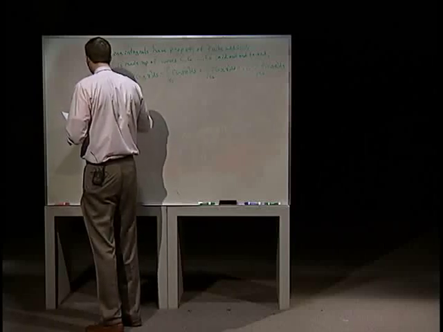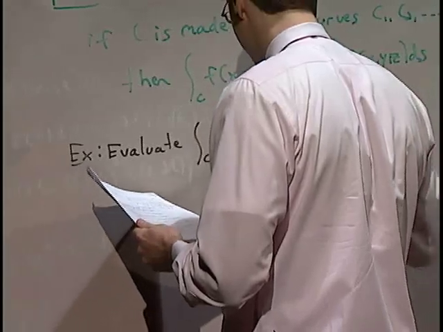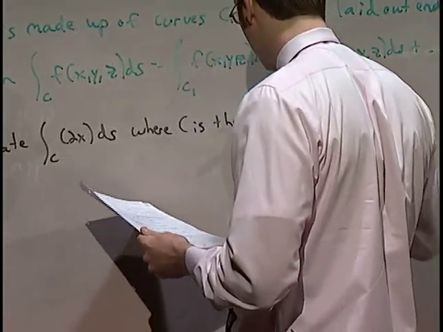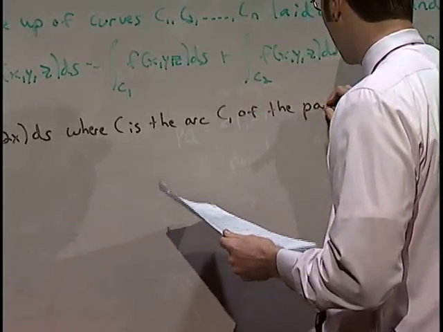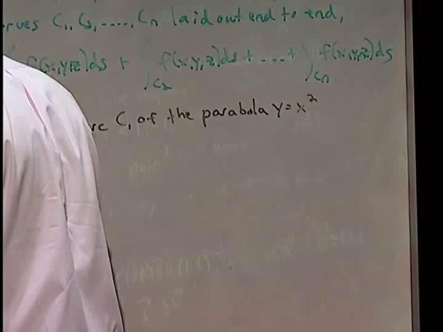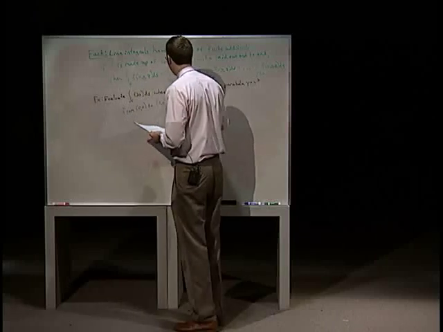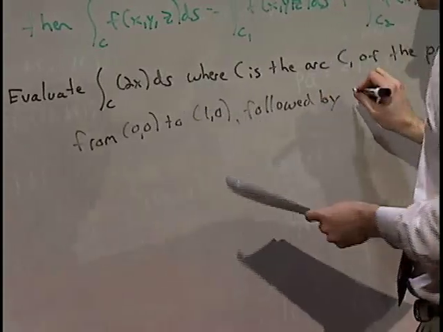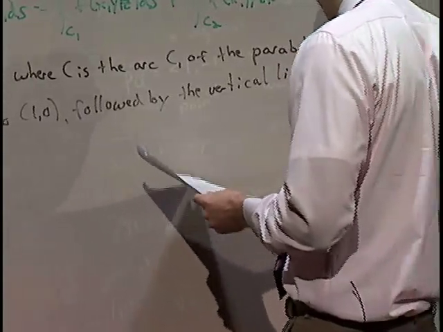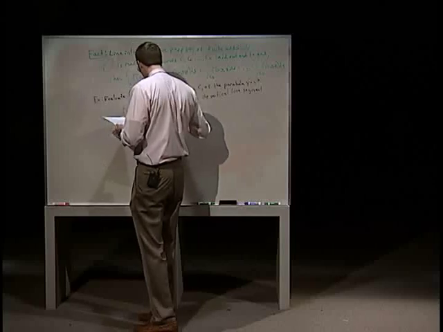Example: evaluate the line integral over C of 2x ds, where C is the arc C1 of the parabola y equals x squared from (0, 0) to (1, 0), followed by the vertical line segment C2 from (1, 1) to (1, 2).